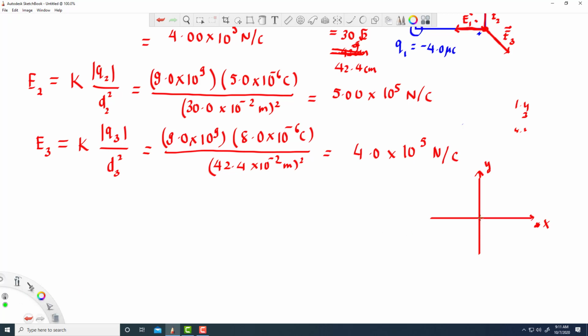One is this way, the next one is this way, and the other one is this way. So we have E1, E2 and E3. We separate the x and y components of these vectors, because we want to add x components separately and y components separately. That's how we add the vectors, if you remember from your physics 1.